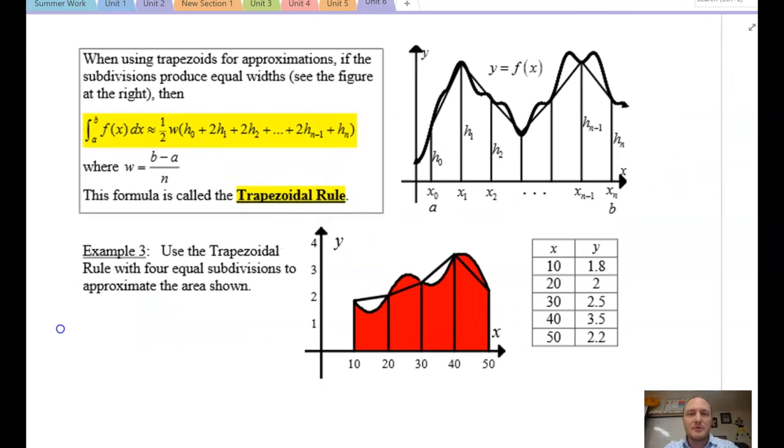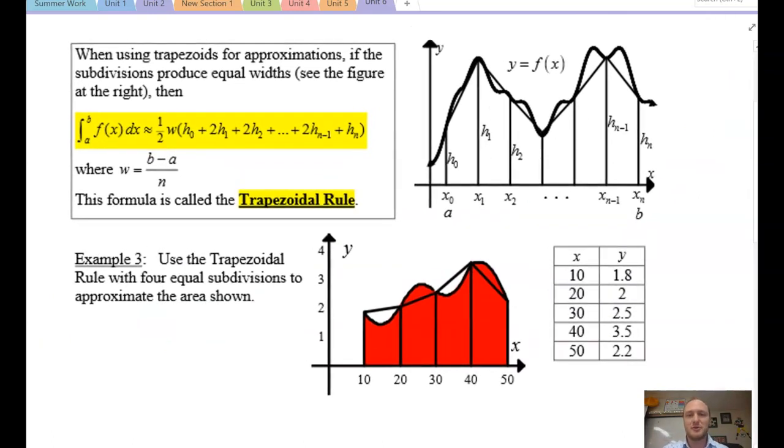When using trapezoids for approximations, if the subdivisions produce equal widths, then we have this formula. Our formula is 1/2 times the width times h sub 0, where h sub 0 is your initial height. Say my integral is starting here, this is a, my lower bound, and then I'm going to go all the way over here.